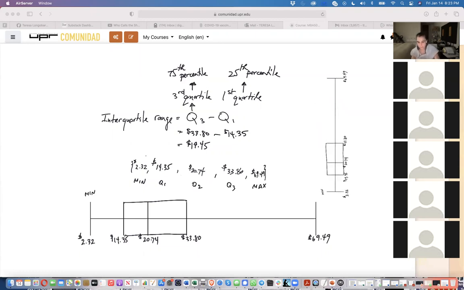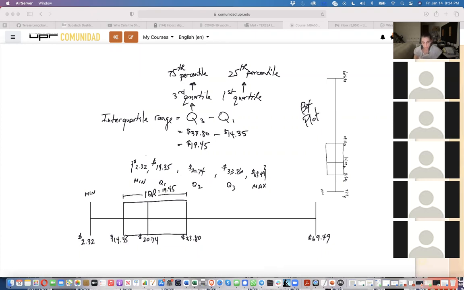Okay, so the box plot is made up of the 5-number summary. And this range in here is known as the IQR. And we got the value 19.45 as the IQR.